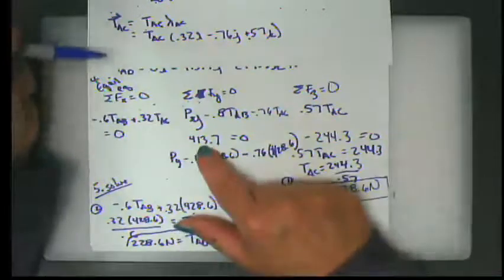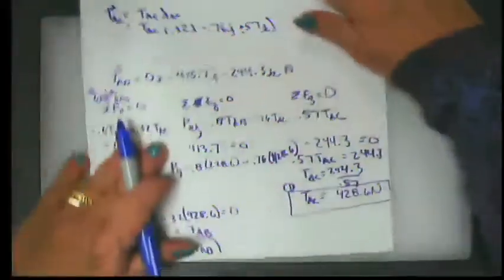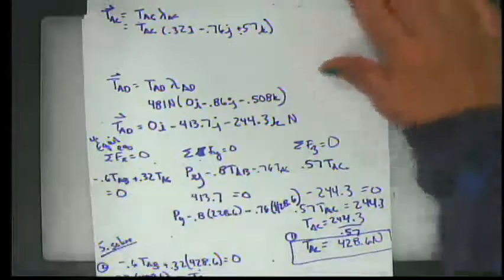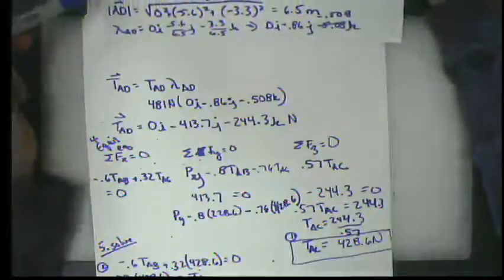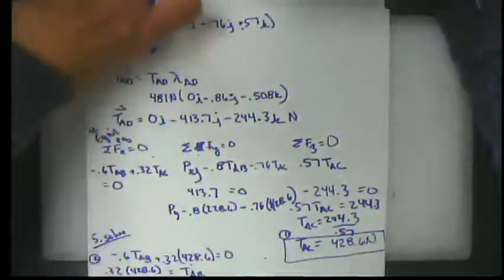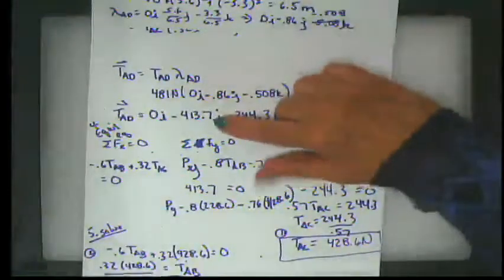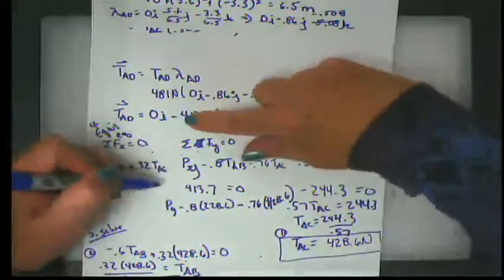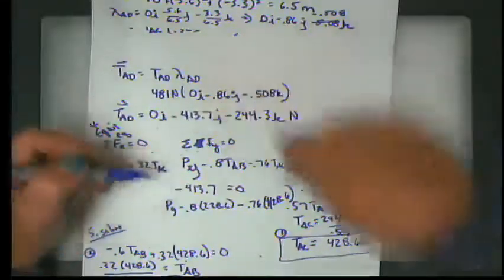And then I failed to write if that was positive or negative. So I need to go back. If you stay organized, you never have to redo anything. TAD, right here, it's minus 413 equals 0.